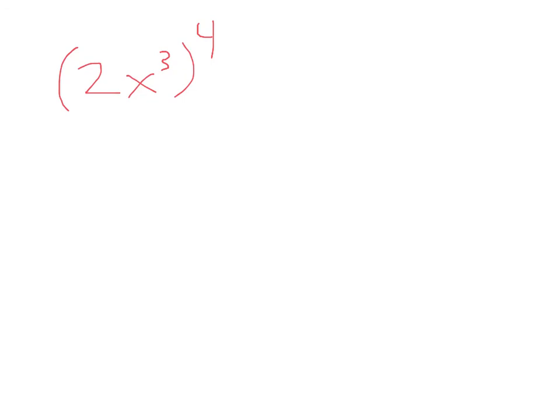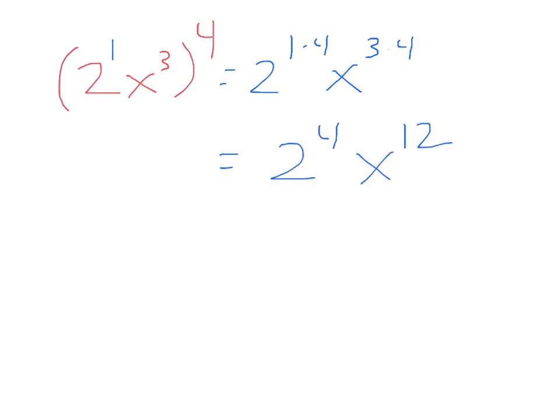Here, don't you dare multiply that 4 to that 2, because what's the exponent on that 2? That's right, it's a 1. So I get 2 to the 1 times 4, x to the 3 times 4. So what I really get is 2 to the 4th, x to the 12th.